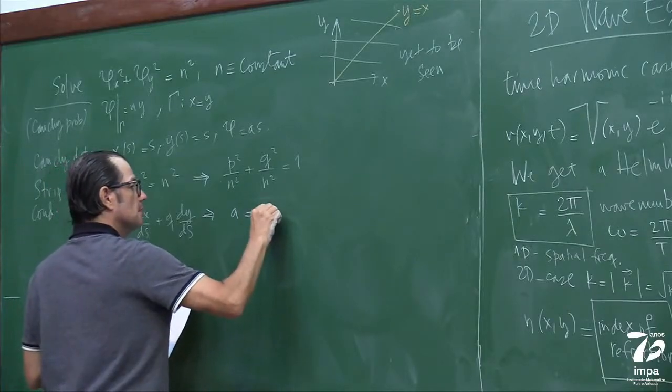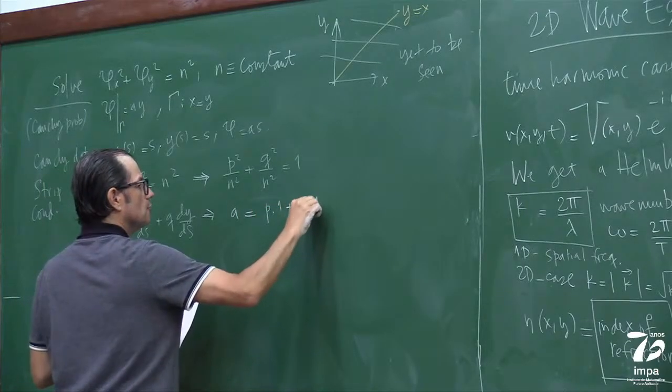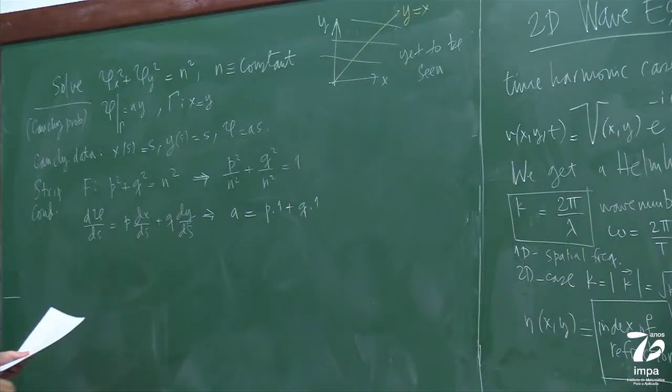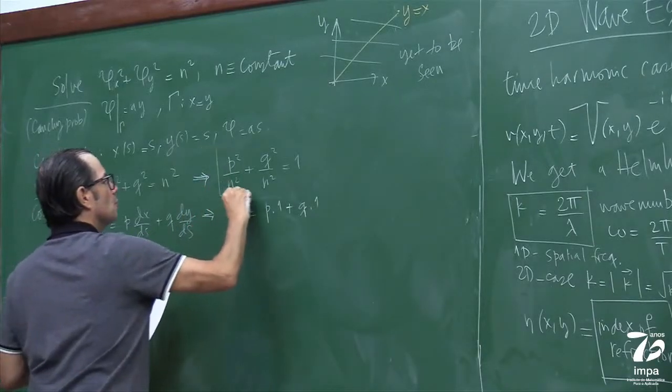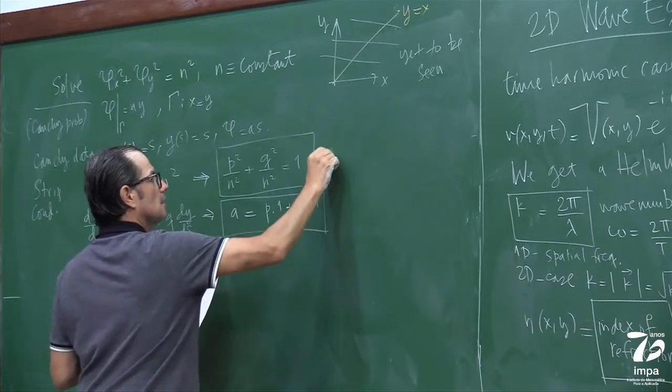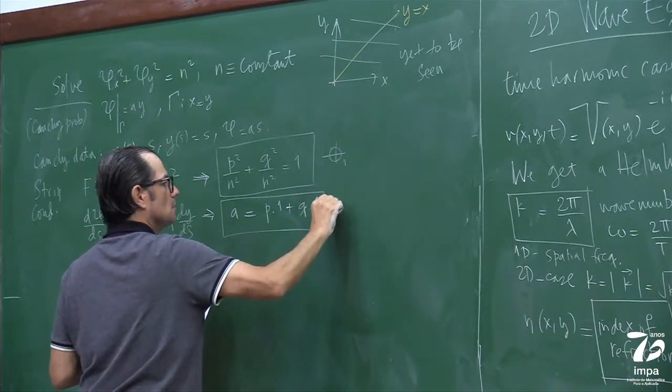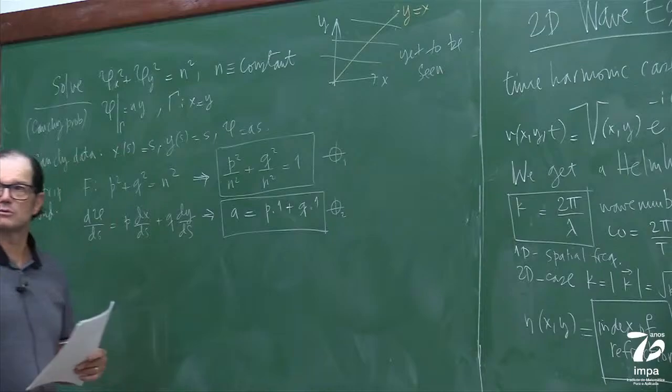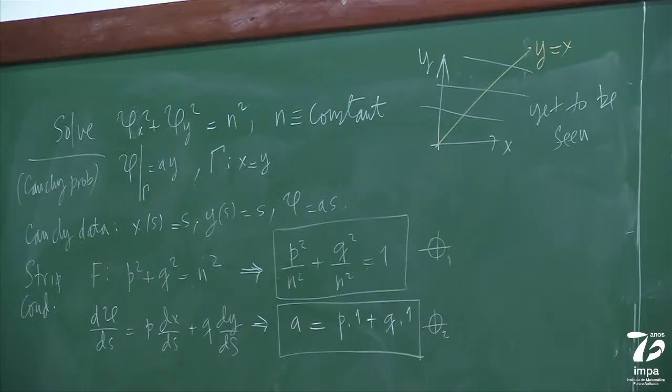So it's going to be P times 1 plus Q times 1. Okay, and I've numbered in the notes the strip condition like this. Equation 1, equation 2. Okay? So as you will see in this problem, we're going to have to live until the end with an ambiguity between P and Q, but no big deal. Okay? We'll see at the end a little more what the ambiguity means.